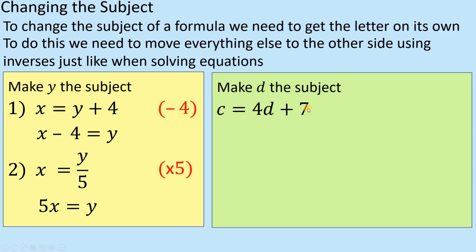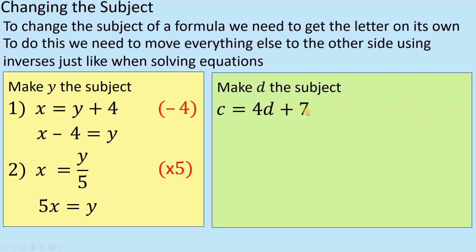I'm going to do the opposite of that, so I need to work backwards. Working backwards, I need to take away the 7 and then divide by 4. That order is important, because if you do it the other way around, you're going to get it wrong. I can't divide by 4 and then take away 7. It's not going to work. I've got to take away 7 first and then divide by 4.